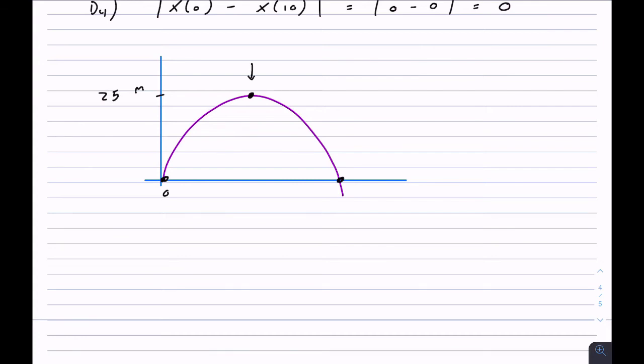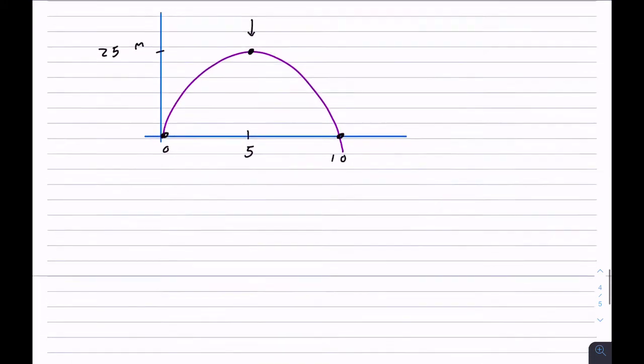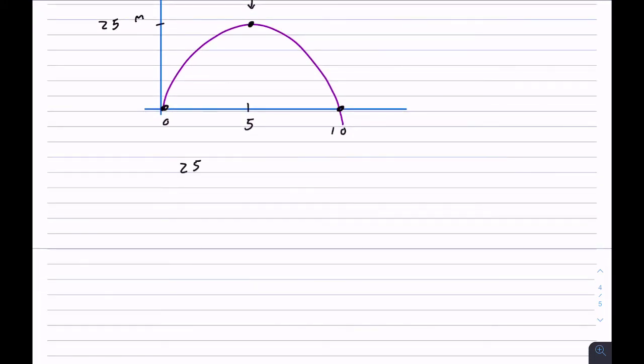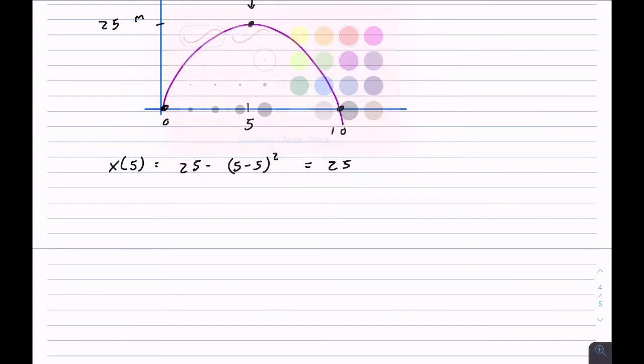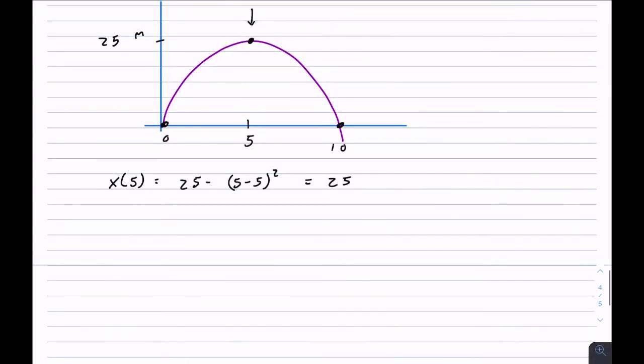So we have 0 and 10. The halfway point of that is, of course, 5. What is x of 5? 25 minus 5 minus 5 all squared. This is equal to 25. So look at that. So here's what we do. We travel up 25 meters.